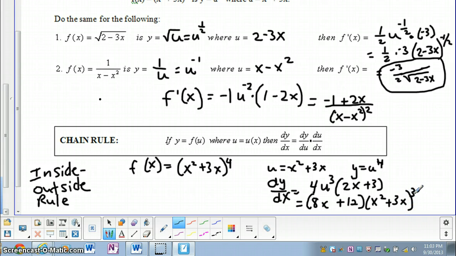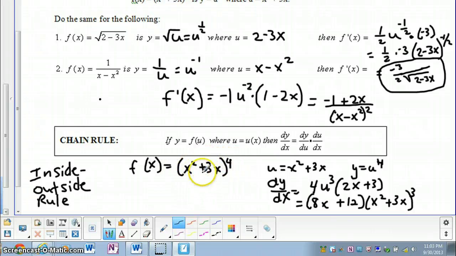And you'll need to know both methods, this new one that I'm showing you, plus this u substitution. This inside-outside rule a lot of people have used is you think of two separate parts. The same thing we're doing here, and you must take the derivative first of the outside.